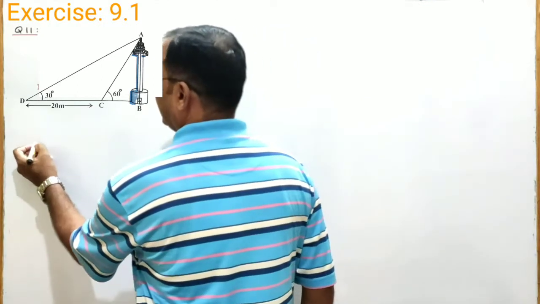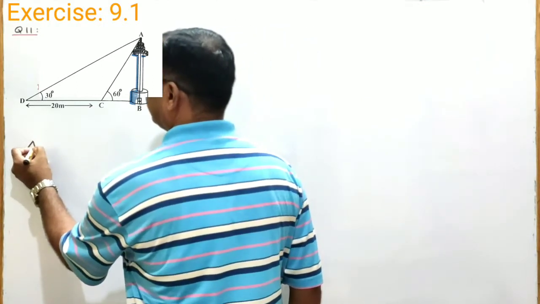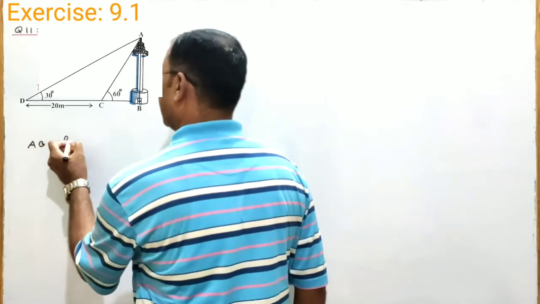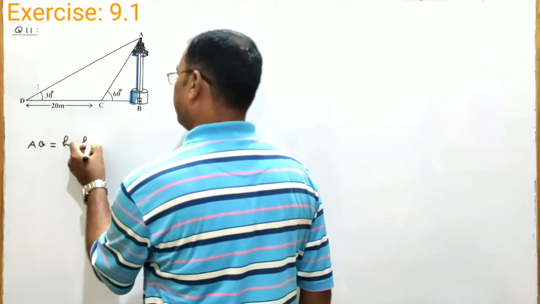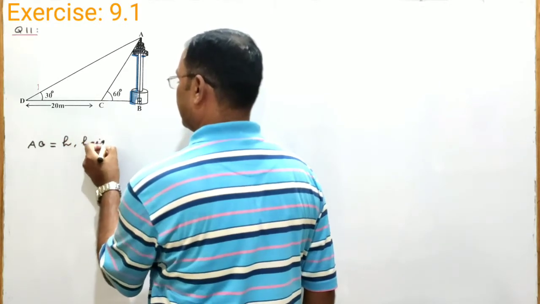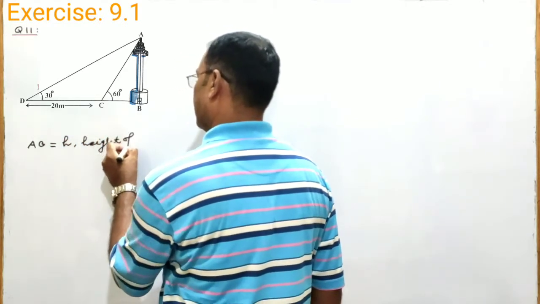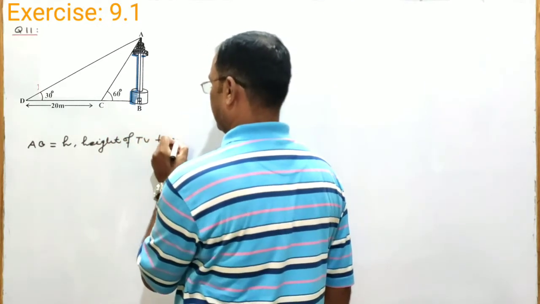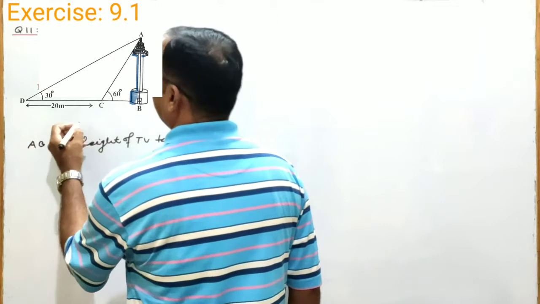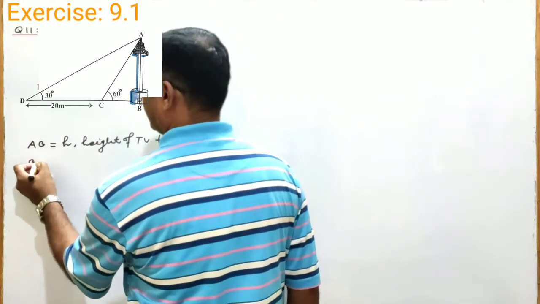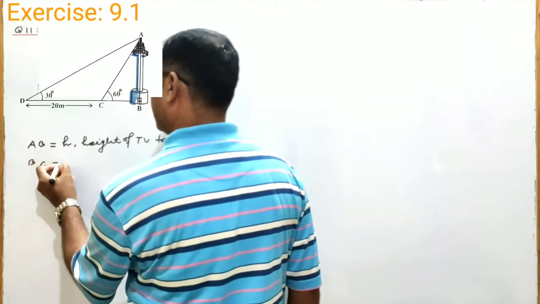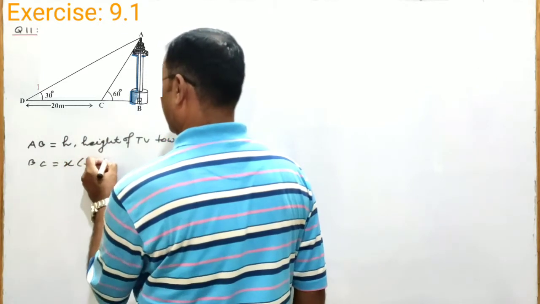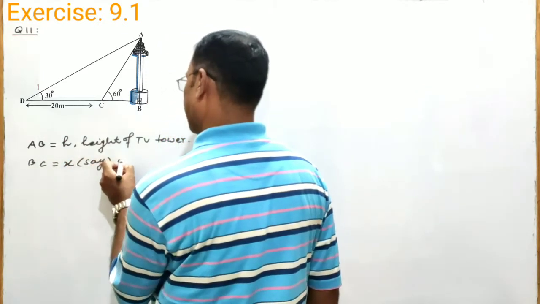Here AB is, let us take H, height of TB tower. BC, let us write X, width of the canal.